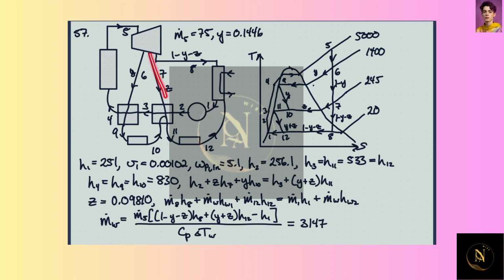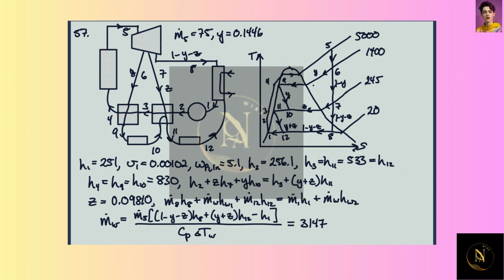Then we have Z fraction of it coming off here. So that's in H7. So that's the enthalpy coming in from here. Enthalpy coming in from 10 has a flow fraction of Y. And then the enthalpy going out, we have again a flow fraction of 1 here, because everything's going out.